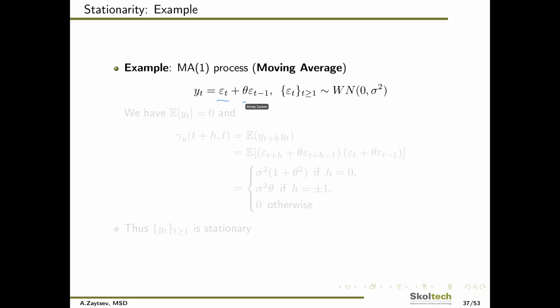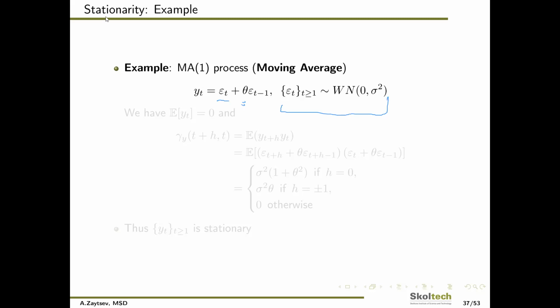So theta is a parameter for our time series, and each epsilon t is a Gaussian random variable, independent of each other, so this is basically white noise. From this basic building block, white noise, we try to construct a more advanced process that has more explanatory power.